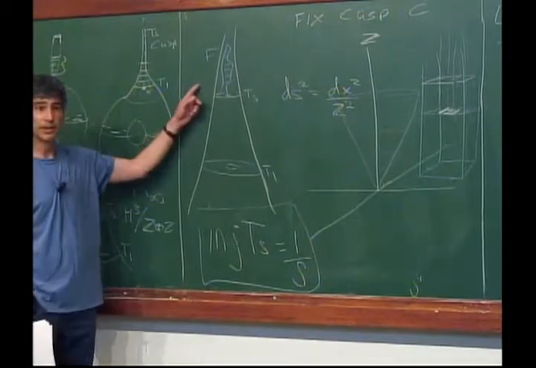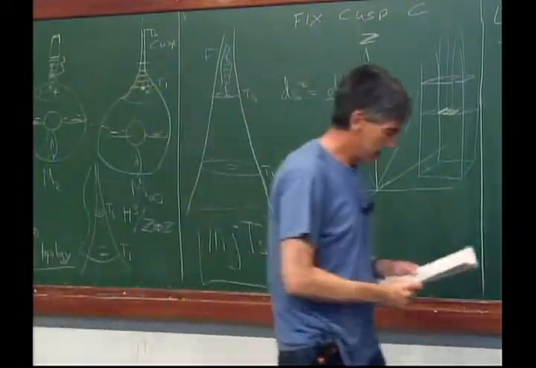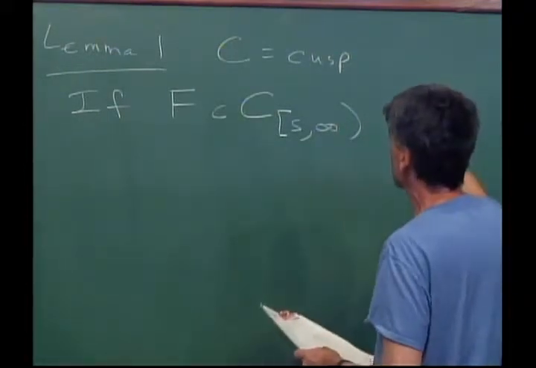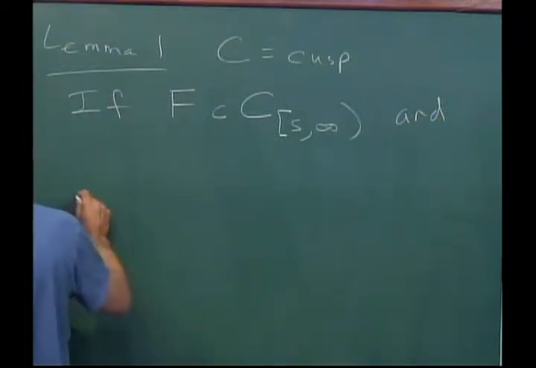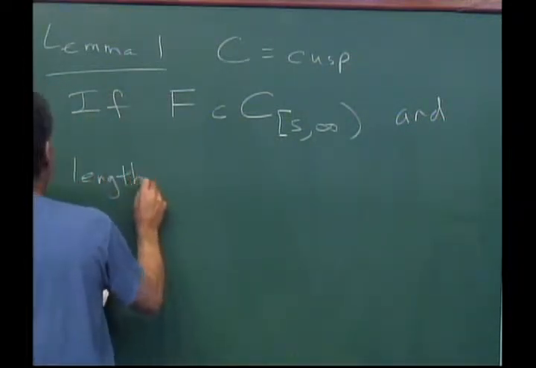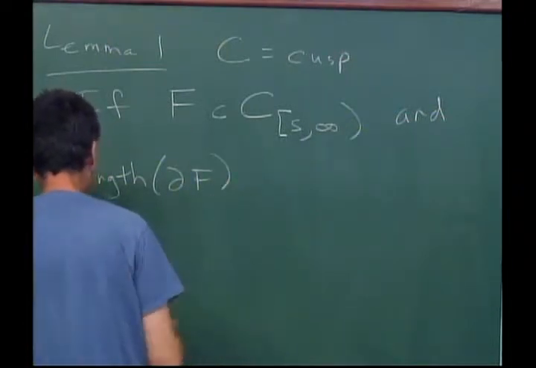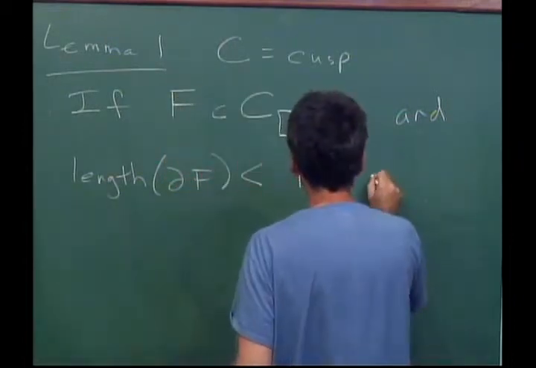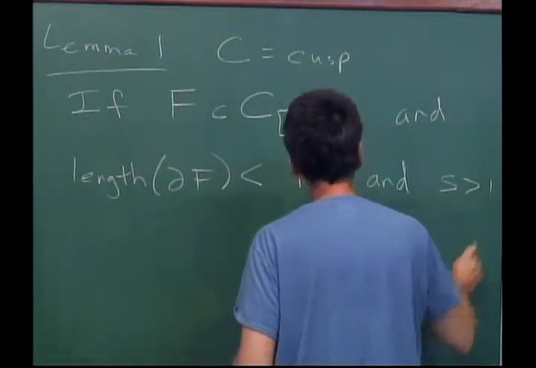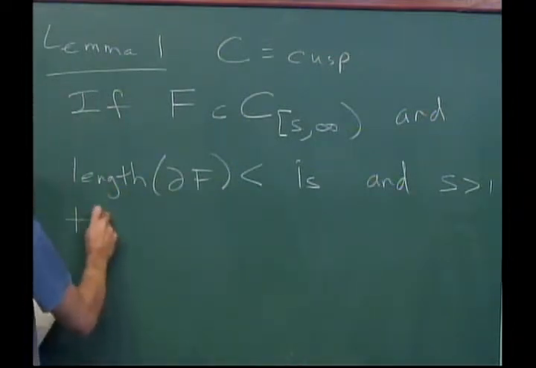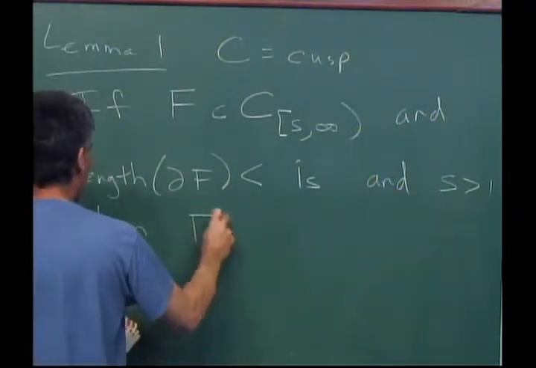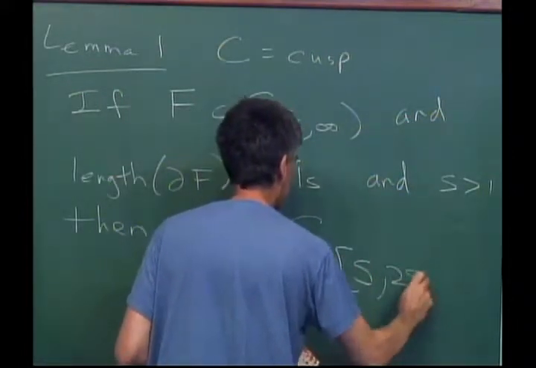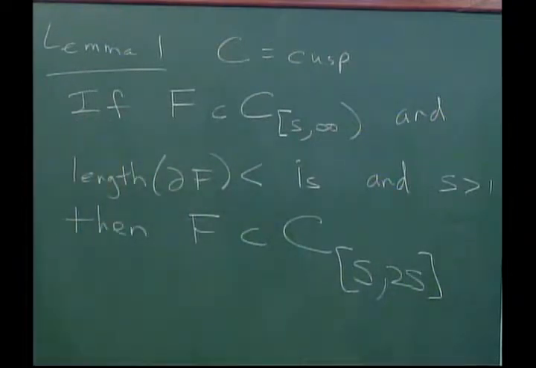Is that visible, that blue color? It's okay. If you have some surface of that type, and the length of the boundary of F is smaller than the injectivity radius, and s is greater than 1, then F is contained in the cusp interval between s and 2s.